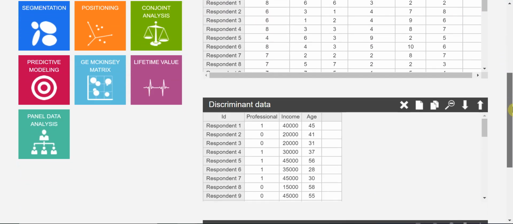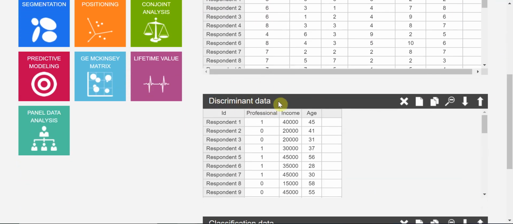In the next step, we need to describe the chosen target segment using discriminant data. Discriminant data can have many different variables, but in this example's case, we have only 3 variables. We can describe the chosen target segment using these 3 variables: age, actual age here, income, maybe annual income, and professional.